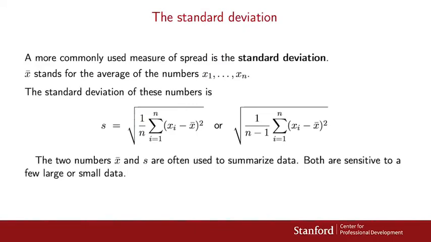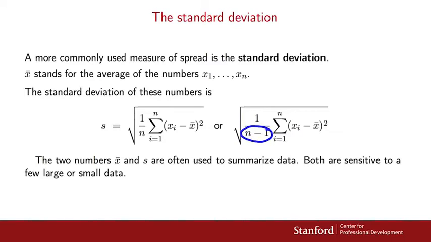Sometimes you see a formula that has n-1 instead of n in the denominator. Both of these formulas work roughly equally well. The mean and the standard deviation are often used to summarize data. The first one gives you a measure of center, and the second one gives a measure of spread.